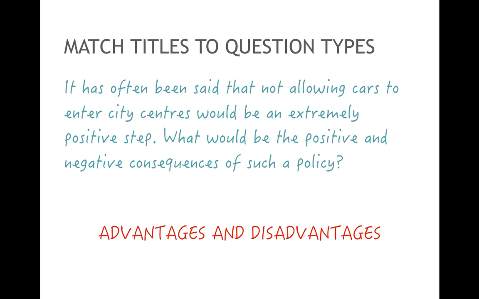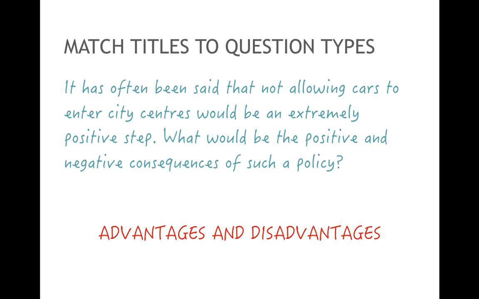Another one had benefits and drawbacks in it. This one has what would be the positive and negative consequences. So it's again asking you positive and negative consequences, which is the same as saying what are the advantages and disadvantages, or what are the benefits and drawbacks.